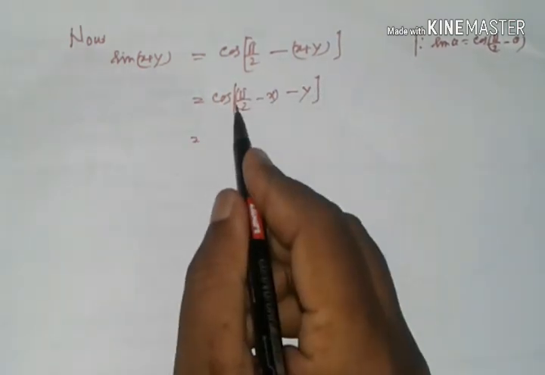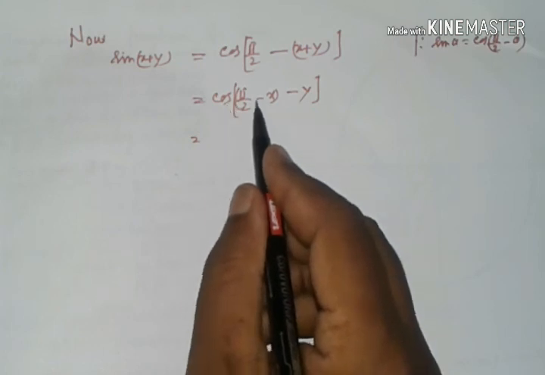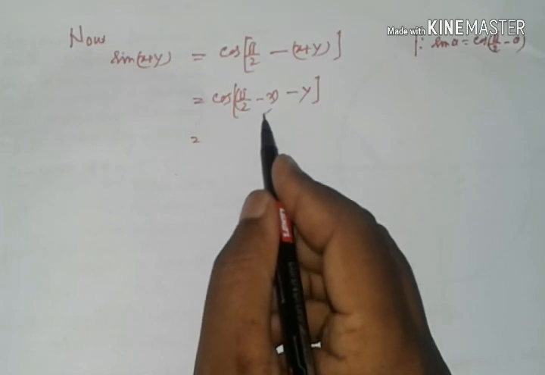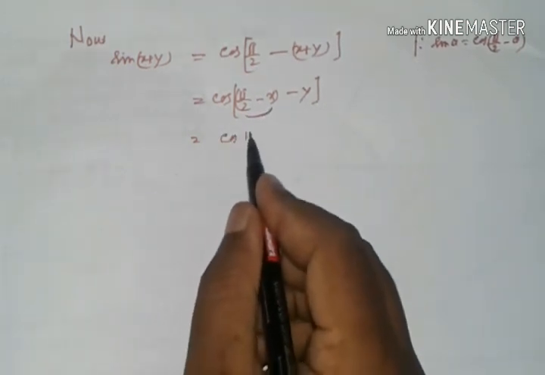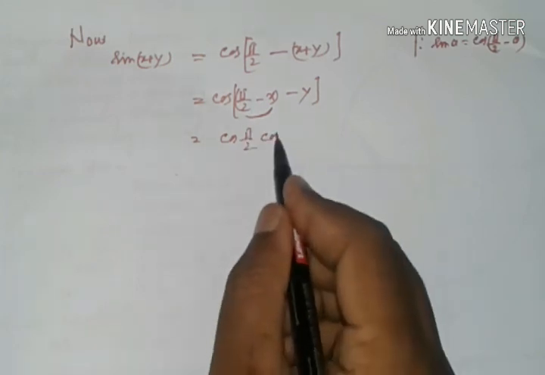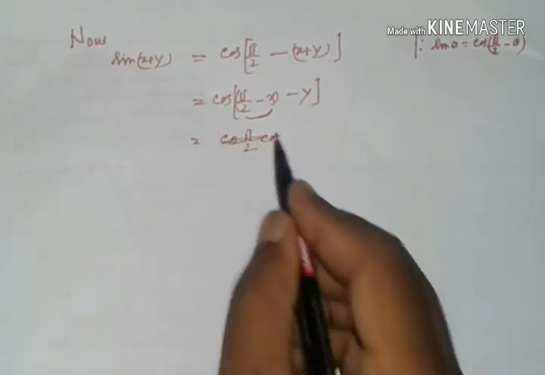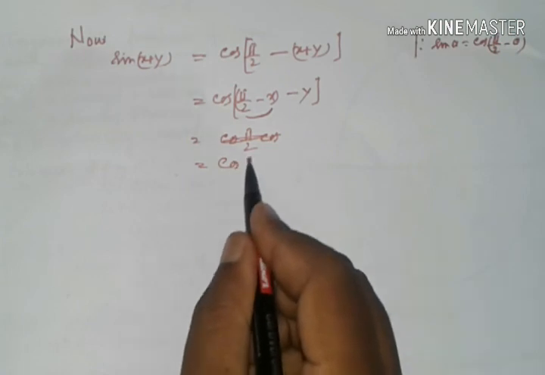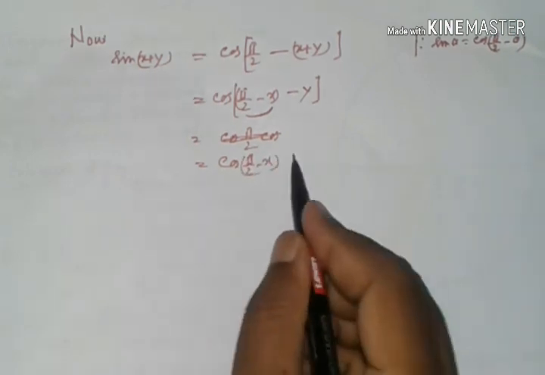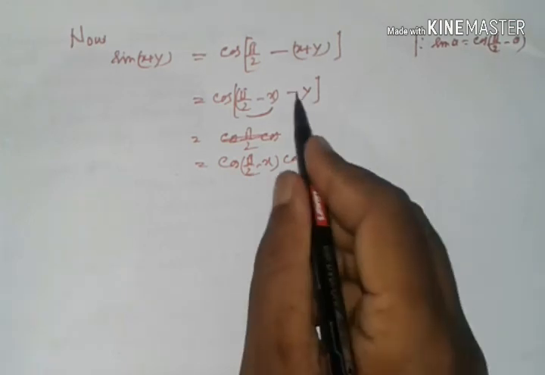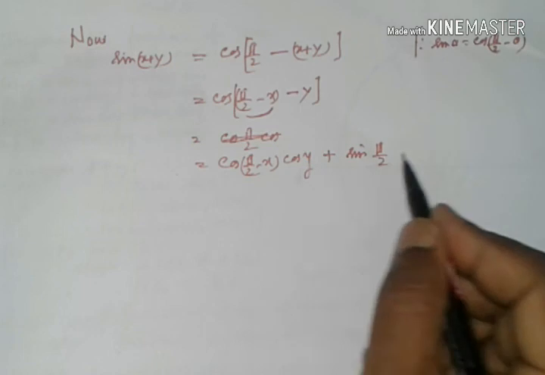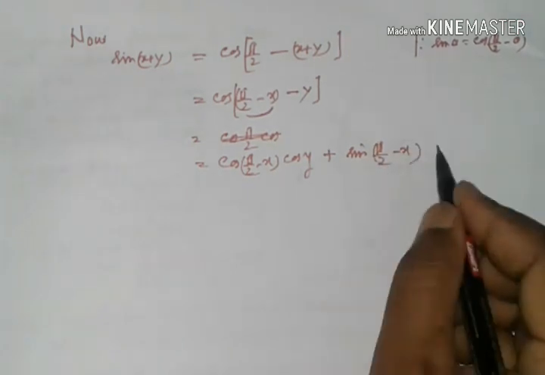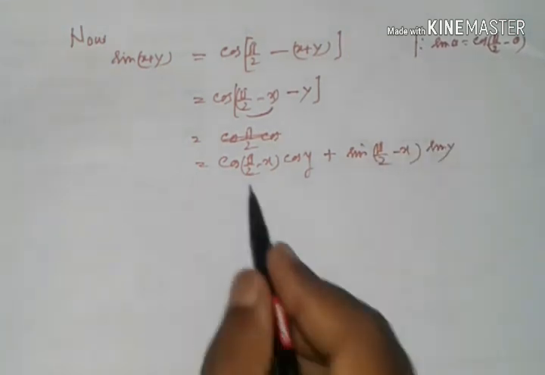Now we apply the formula cos x minus y. Cos x minus y means cos x cos y plus sin x sin y.